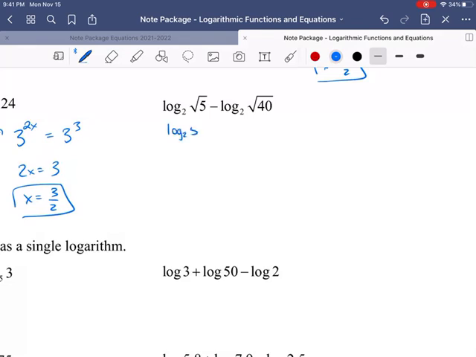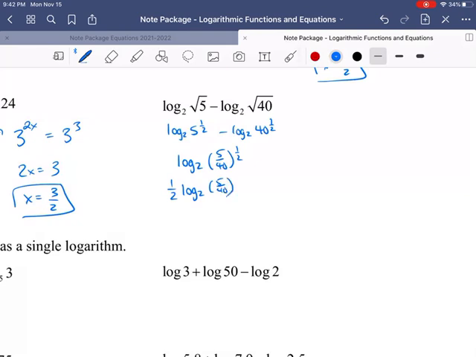Changing these to radical form, we're going to get log base 2 of 5 to the half minus log base 2 of 40 to the half. The quotient rule says we can divide those. So we get log base 2 of 5/40 to the 1/2, bringing the 1/2 down to the front.